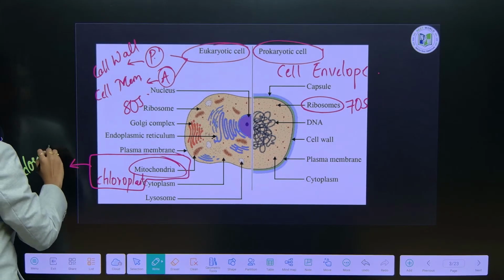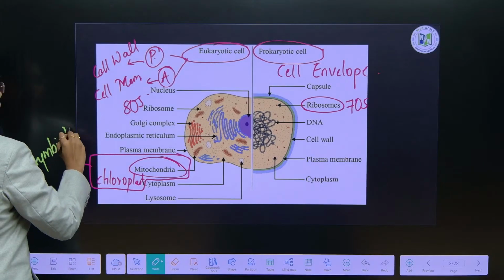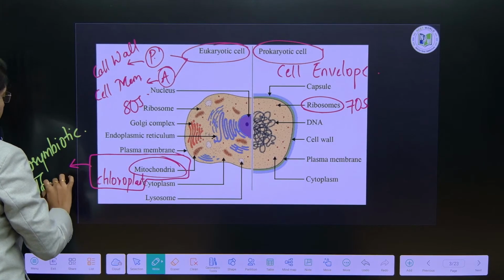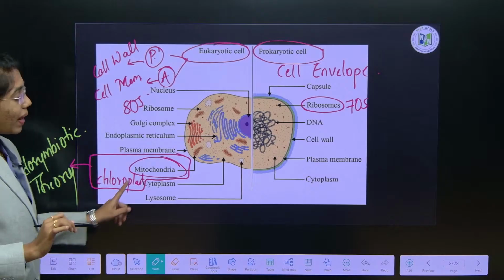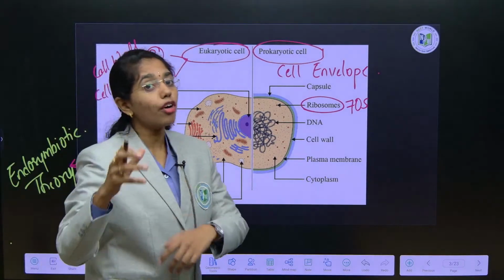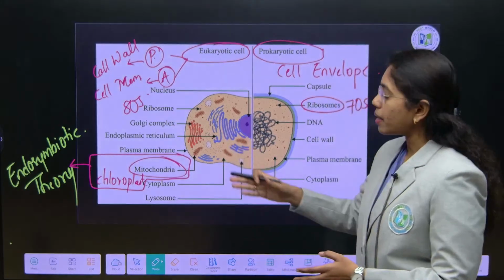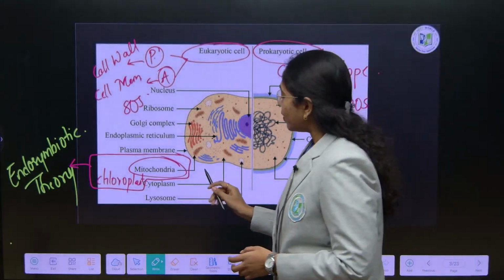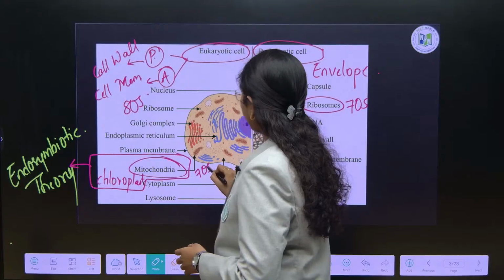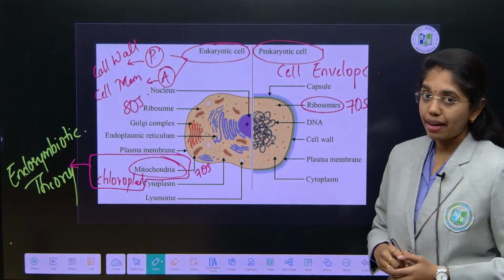In endosymbiotic theory, we have learnt that chloroplast and mitochondria have evolved from a prokaryotic cell. That is the reason chloroplast and mitochondria will have 70S ribosomes. They will be having 70S ribosomes.